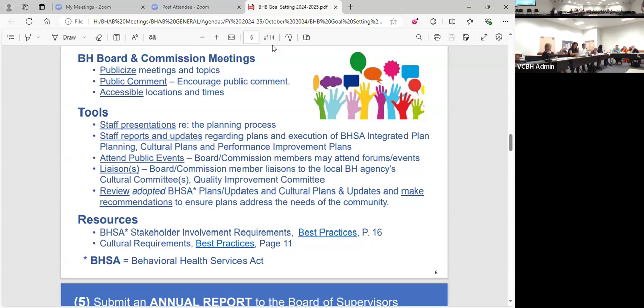And then also what I just reviewed in terms of you need to be looking at the adopted plan. And then cultural requirements. So there are requirements also for the county, and that's detailed on page 11 of the best practices handbook. All right, next slide.